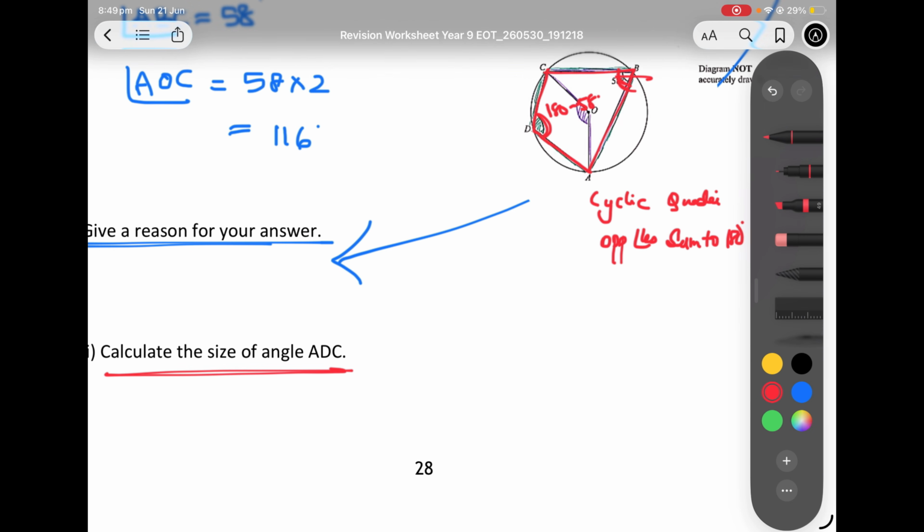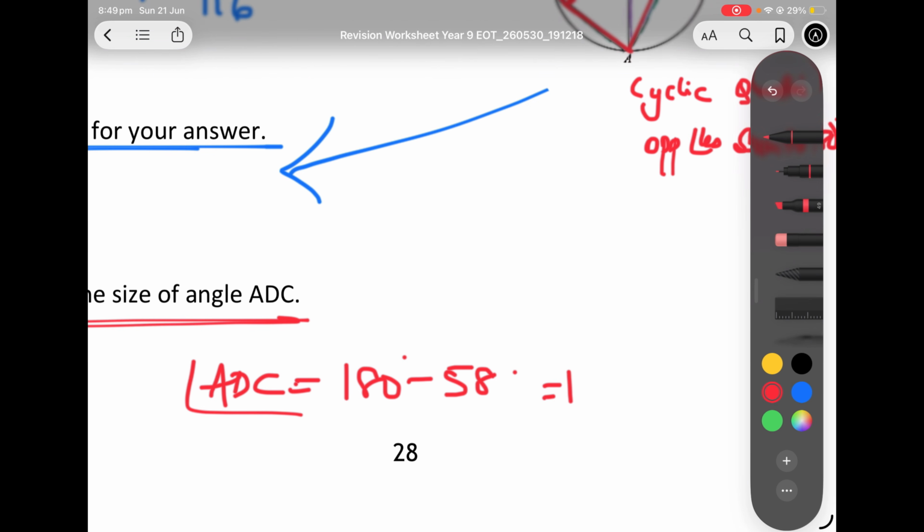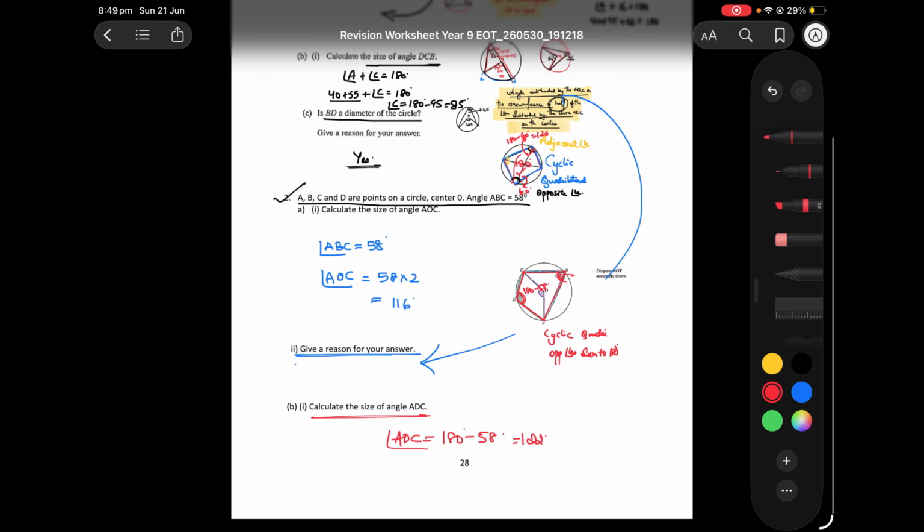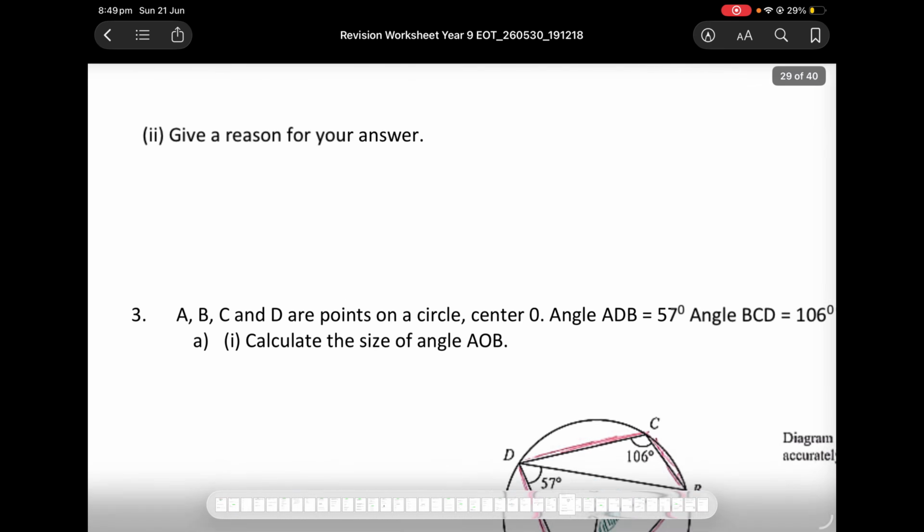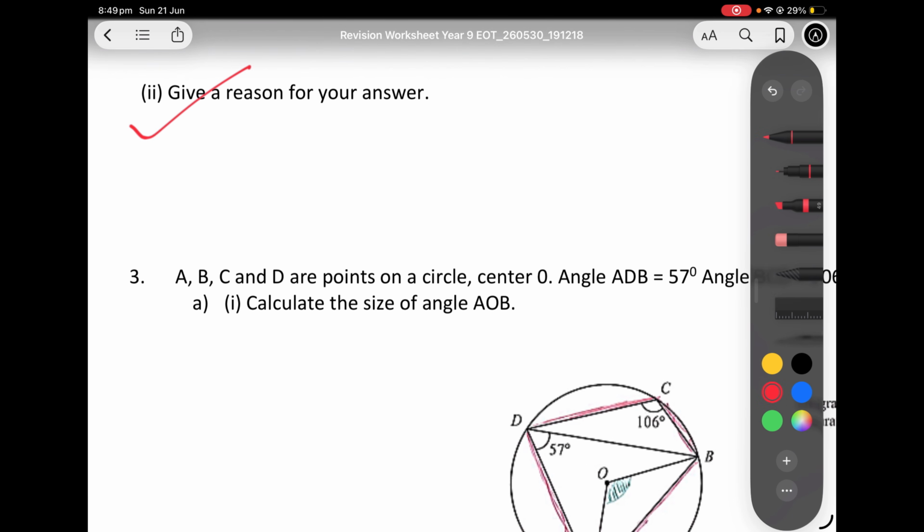So angle ADC is equal to 180 minus 58, which is 122 degrees. Give your answer with the reason: because it is a cyclic quadrilateral, and in a cyclic quadrilateral all the opposite angles sum up to 180 degrees.